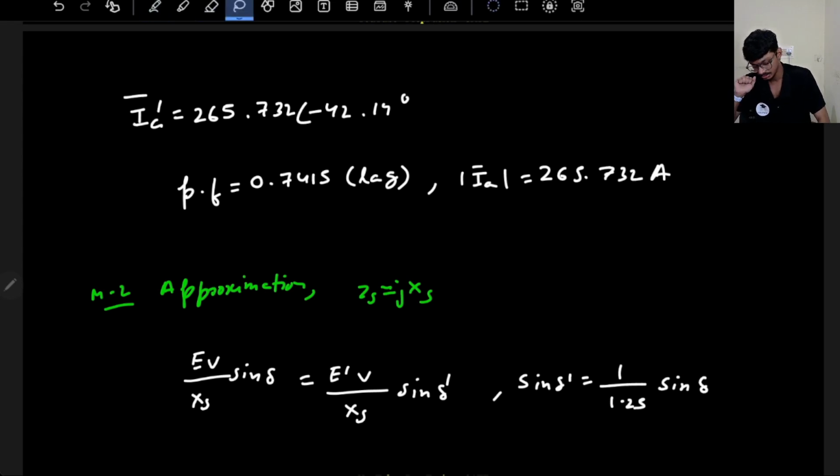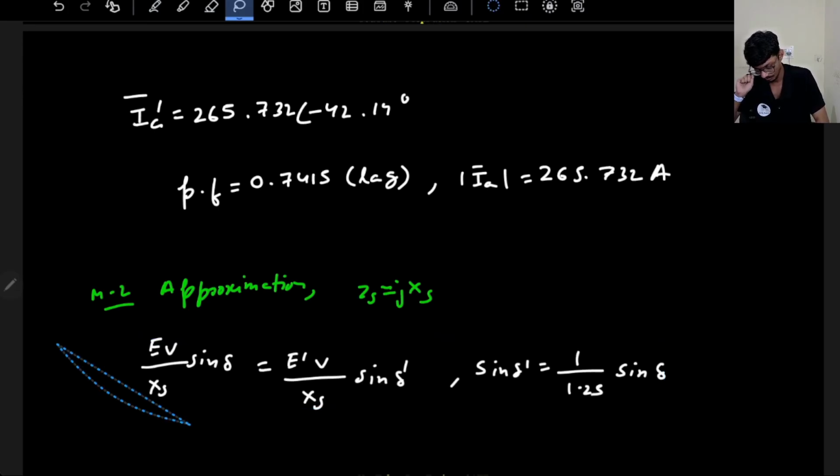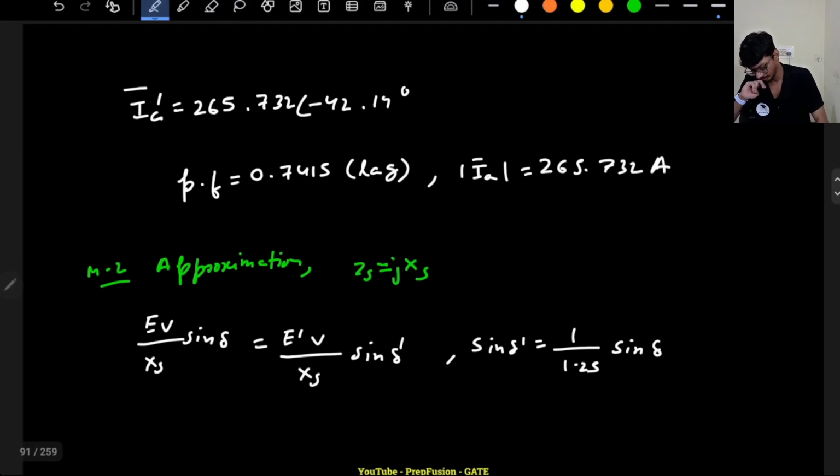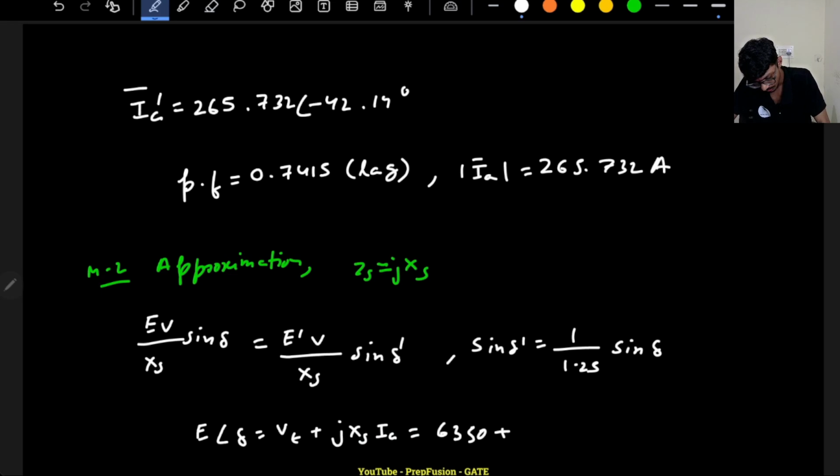Now what is sine delta? I have to find it out. To find sine delta, you have to again find out the armature current, or find out the E. E angle delta will be equal to Vt plus, neglecting the armature resistance, j into Xs into Ia. So Vt is 6350 plus j, which is angle 90, Xs is 10, is it 20 or 10?